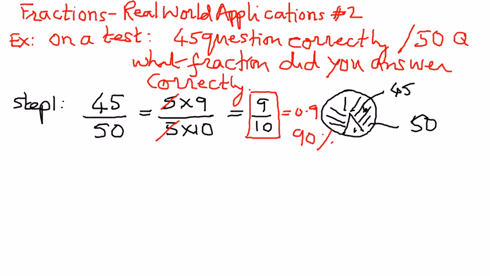So 9 over 10 translates to 0.9, and if we multiply that by 100%, we can express that in terms of percent as 90%. So if you answered 45 questions correctly out of the 50 questions, you have answered 90% of the questions correctly.